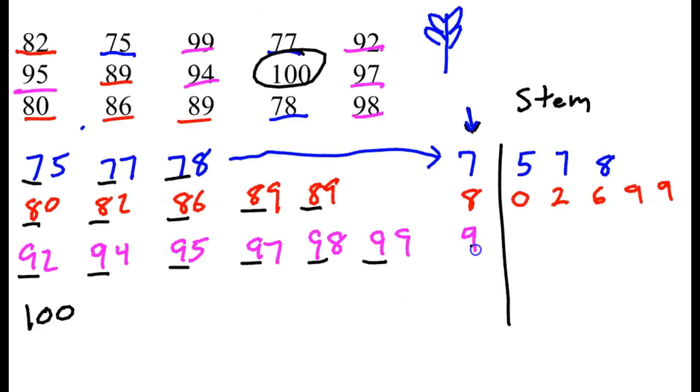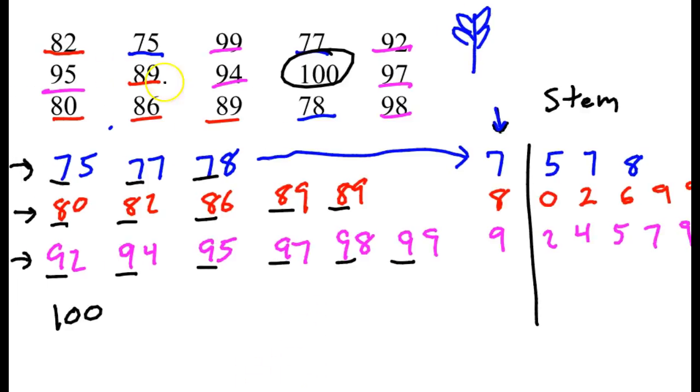We'll have 92, 94, 95, 97, 99. And lastly would be the 100. So I'll put 10 as the prefix and then just a 0. That'll make 100.